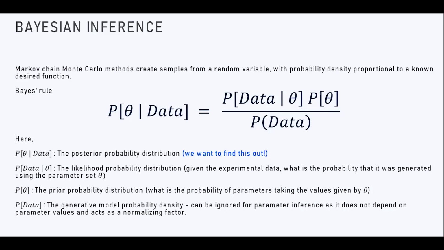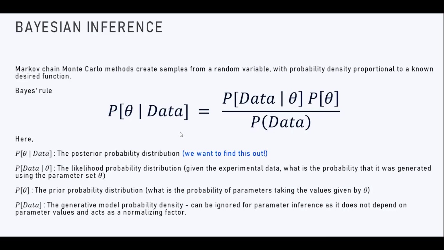So each parameter can have some probability of attaining some value, and that's the prior probability distribution. And it is divided by the generative probability, that is the probability of the data. So that's the probability of this data set being true.